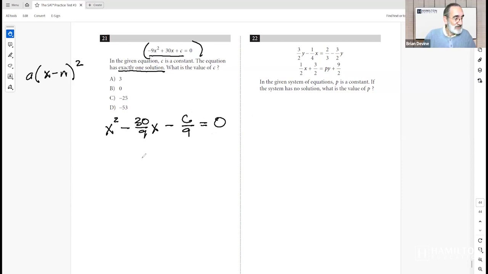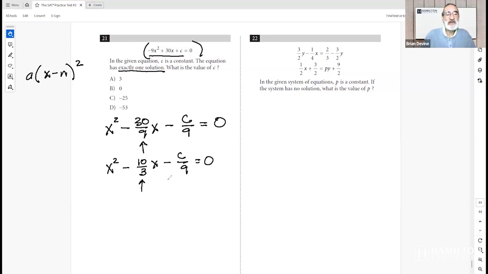And if I take that idea, well, I must take half of this and square it, and that's got to be the thing on the end. Let me clean this up a little bit to make it easier to do, because I can write this as 10 over 3x, and that's still going to be minus c over 9 equals 0.